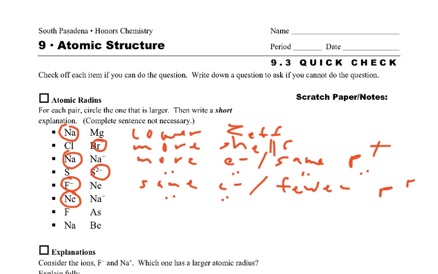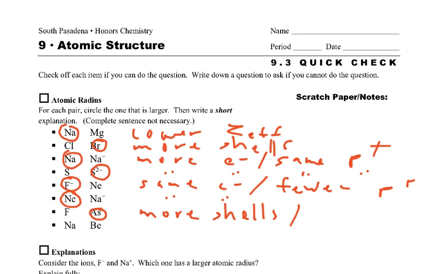F and As. If we look at them on the periodic table, we're going to find out that F is up and to the right of arsenic. So arsenic is larger, and it's larger for two reasons. Because it has more shells, and that's where we know the up and down trend.